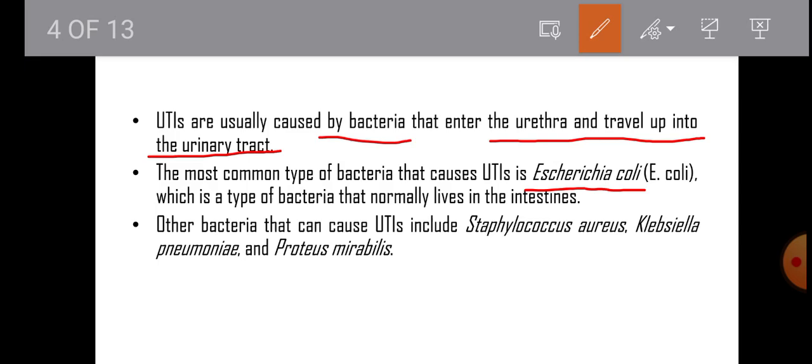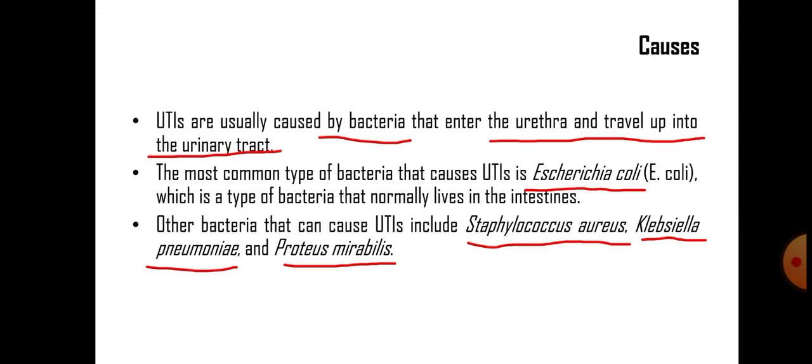So, it is called an opportunistic pathogen. Other bacteria such as Staphylococcus aureus, Klebsiella pneumoniae, and Proteus mirabilis are also found to cause this infection. These are the common bacteria found to cause urinary tract infection in human beings.